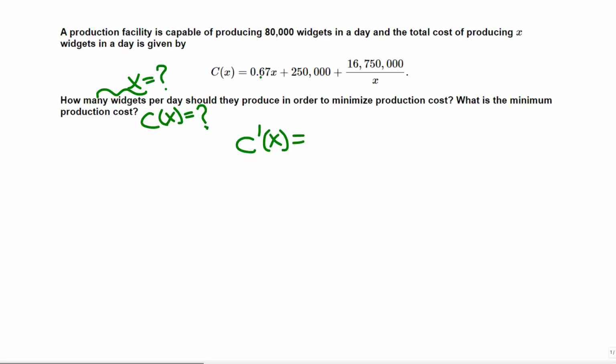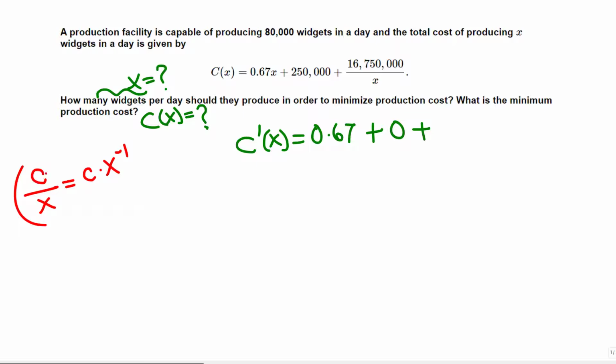Derivative of 0.67x is just that 0.67, plus the derivative of that number is 0, plus something over x. So the derivative is, let me show you one thing. When we have some number over x, that is the same as c times x raised to -1.